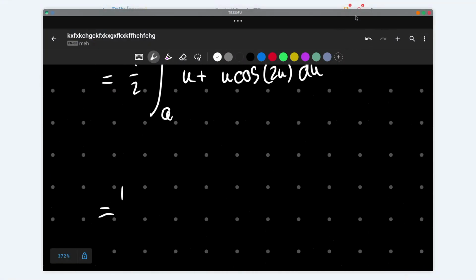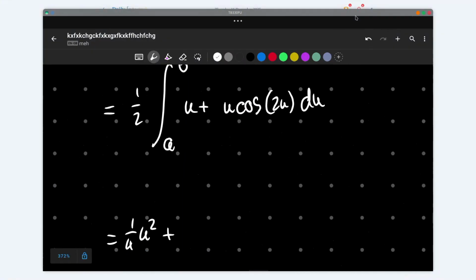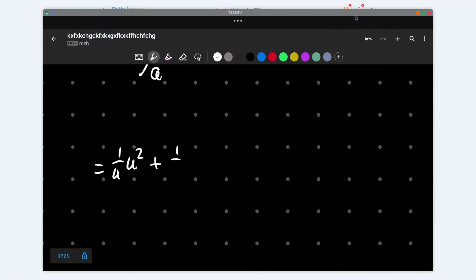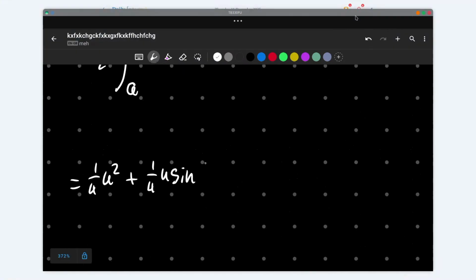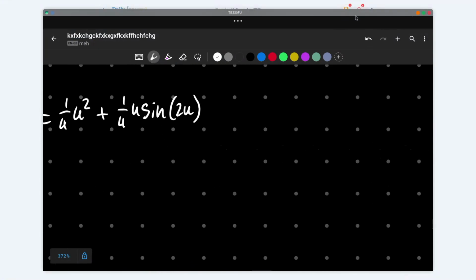I'm just going to do this immediately. This would be 1 over 4 u squared plus, integrate that, 1 over 4 u. Could be wrong, could be right, I have no idea.